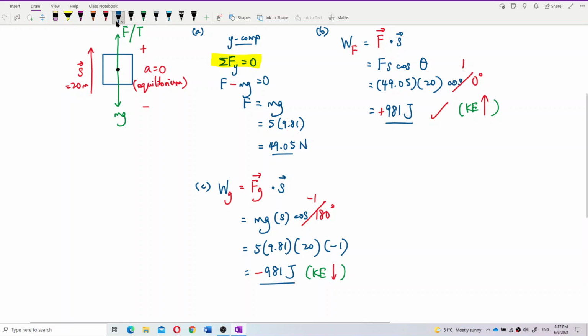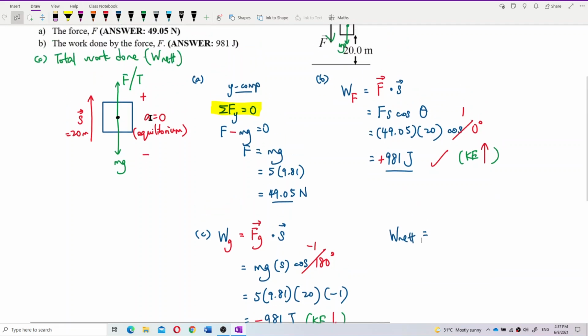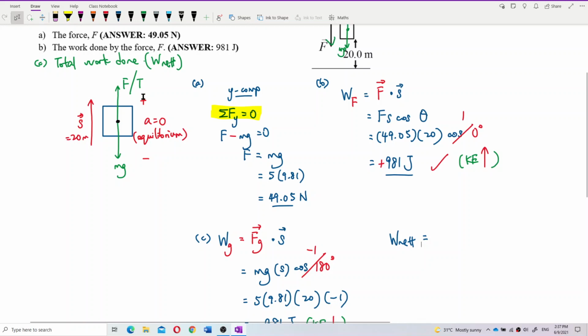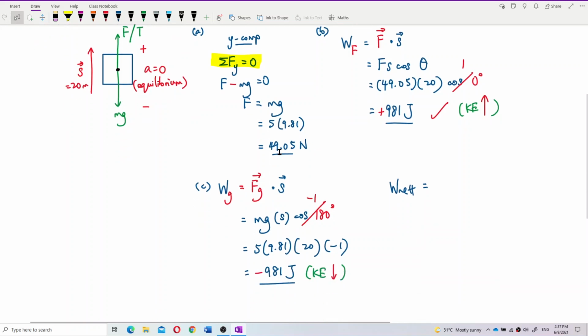The net work done is we total up all the work done by all forces. You have two forces, the F and the mg. So we have two work done: one is the work done by force F, another one is the work done by gravitational force.